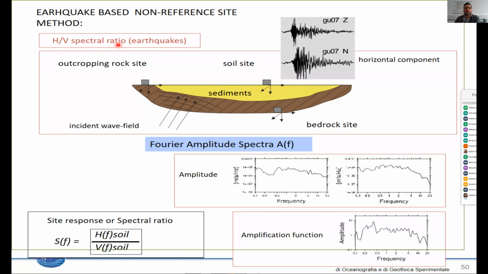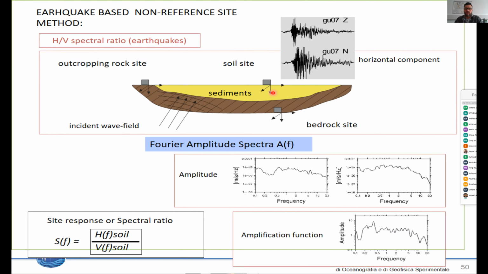Generally, the H/V spectral ratio is better known especially for seismic noise analysis. So what does it mean for earthquakes? For earthquakes it means that we are placing a station here, and we know the station is recording seismic motion in 3 directions. So the 3 components are, for example, north-south, east-west, and the vertical component.